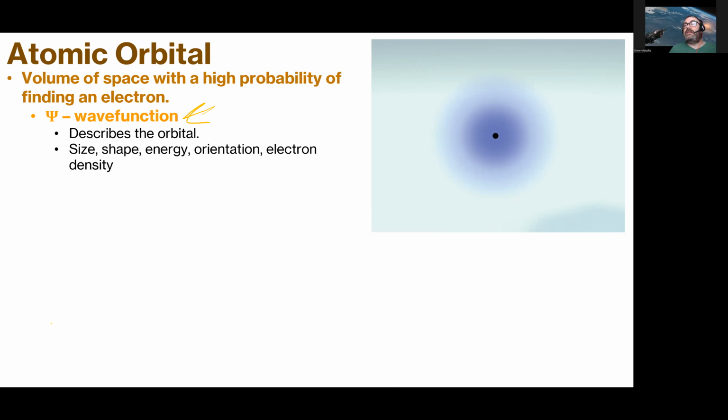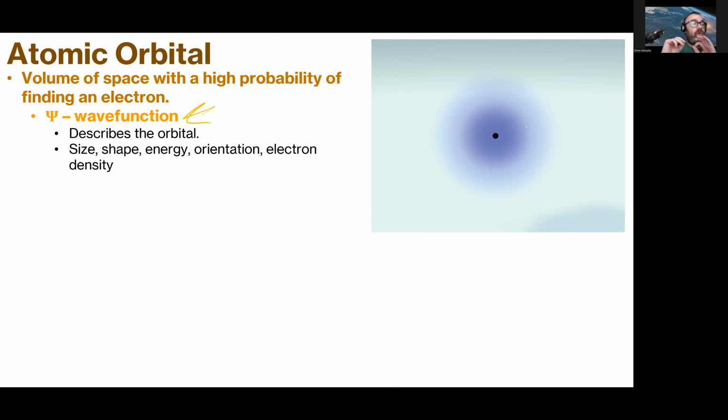The electron density is how likely we are to find an electron in that particular volume of space. Schrodinger did an end run around the Heisenberg uncertainty principle by using statistics. We now have something called quantum mechanics that defines a wave function. The wave function defines an orbital and defines where we're likely to find electrons.